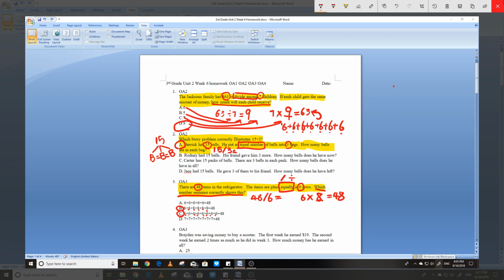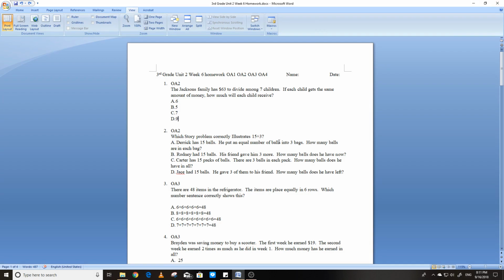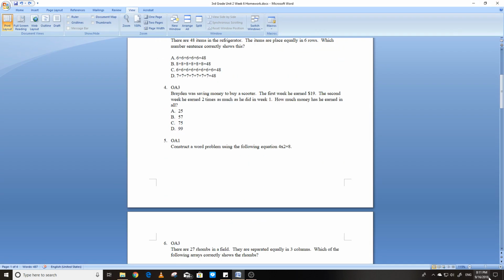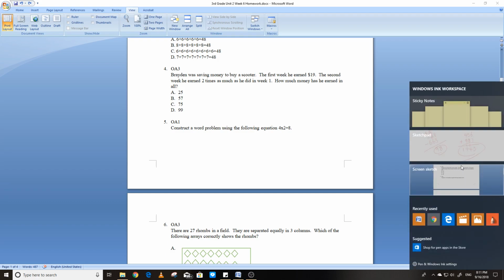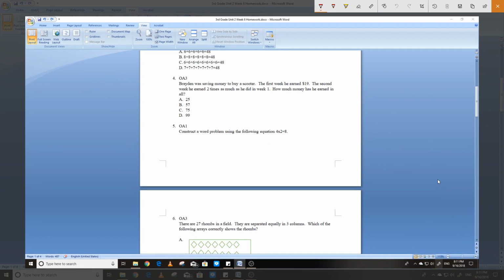All right, let's take a look at number 4. Number 4 states Braden was saving money to buy a scooter. The first week he earned $19.